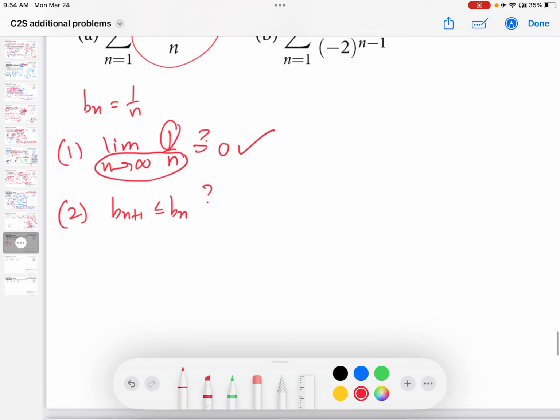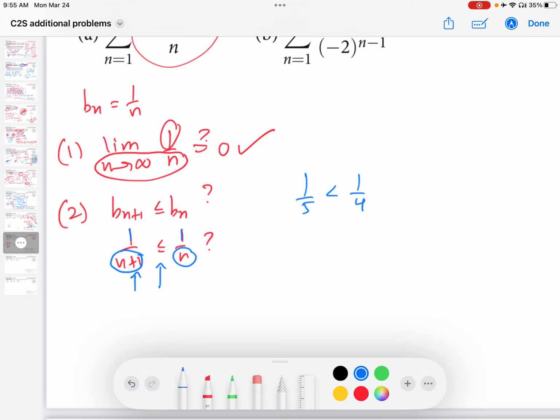Is this true? Well, we have a few ways we could verify this. Here we could do it directly. We could say, hey, is it true? Yes, it's true from here, because if I take 1 and I divide it by a number that's a little bigger, then I get something smaller than 1 divided by just that number. For example, 1 over 5 is less than 1 over 4, right?